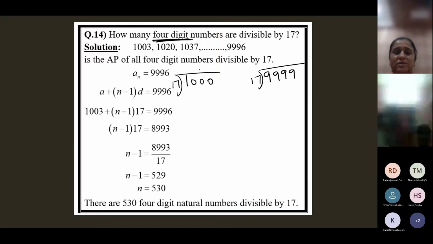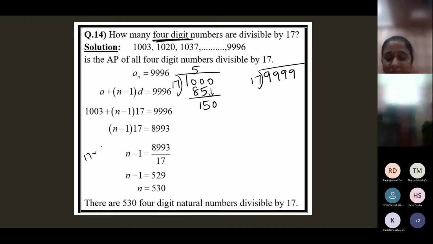Let's divide. 17 5s are 85. Then 15 is the remainder. 0 comes down. How many times? 17 8s are?